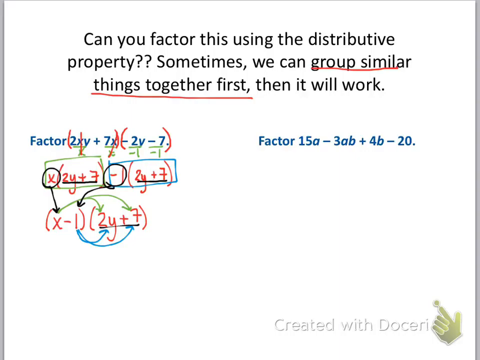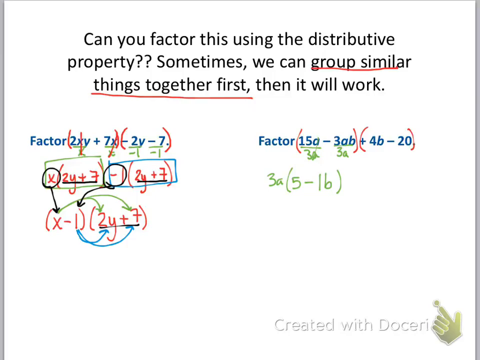Let's try another one. All right, so remember, you're going to group together the first two and the last two. You're looking for a common factor. In this case, I can divide by a 3a. And so I put the 3a on the outside. 15 divided by 3 is 5, and the a's cancel out. 3 divided by 3 is 1, and I'm left with a b.